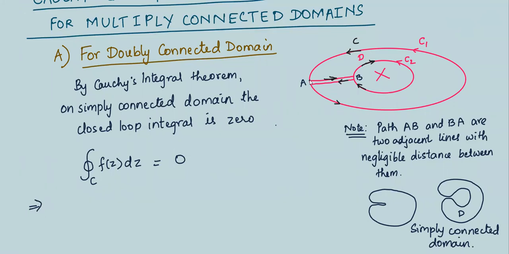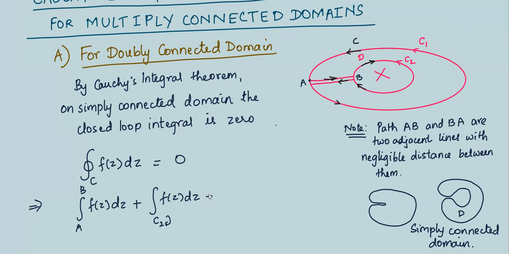Now, let us start with point A. Let A be the starting point. So this contour will be the integral from A to B of f of z dz. Then, this is anti-clockwise, and this is clockwise. I will call it minus C, let us say C2, clockwise, f of z dz.